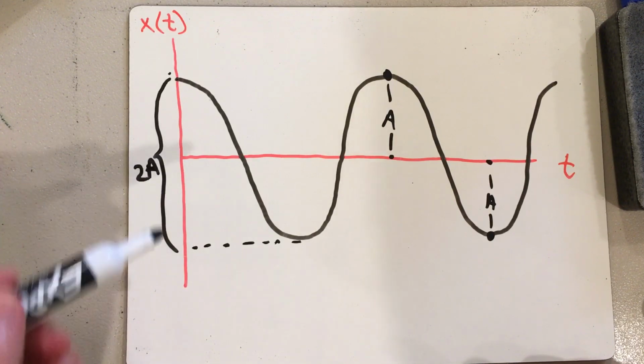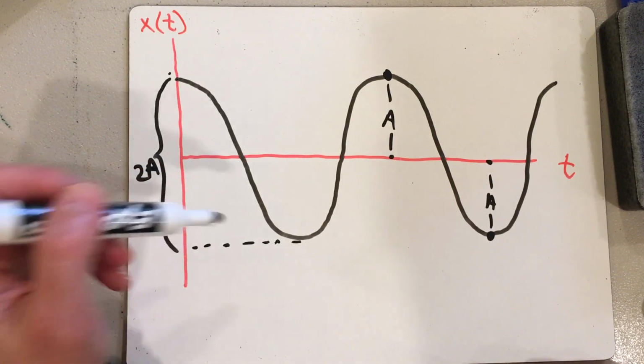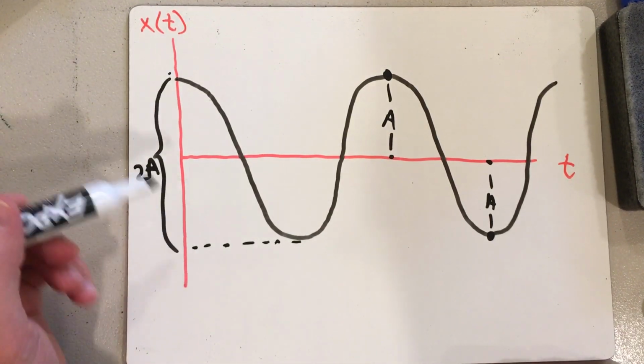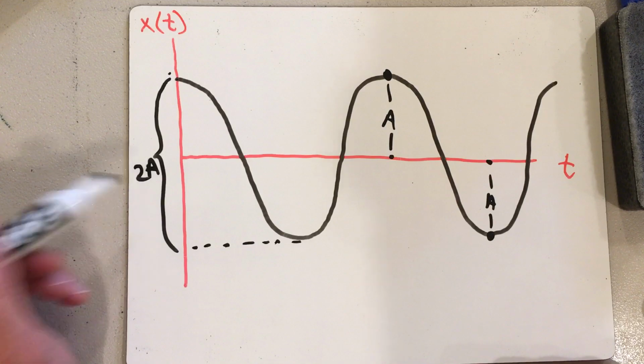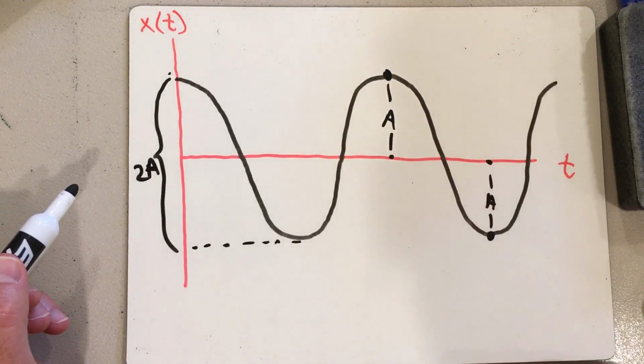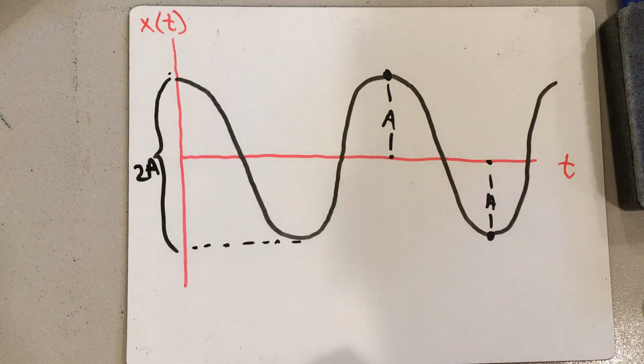You'll see that the graphs in the lab are not centered on the origin. So it's important to realize that from the peak to the trough is actually twice the amplitude. Again, the amplitude is from the equilibrium to the greatest displacement. So I want to point that out.